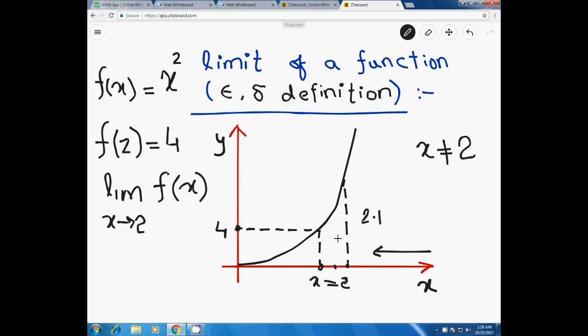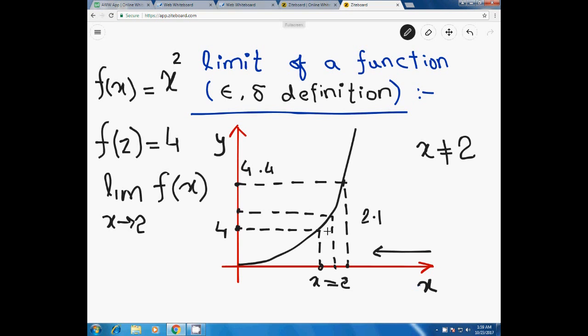At this point, the value of the function is about 4.41, or 4.4. Similarly, when we come closer to this point, the value becomes closer to 4.